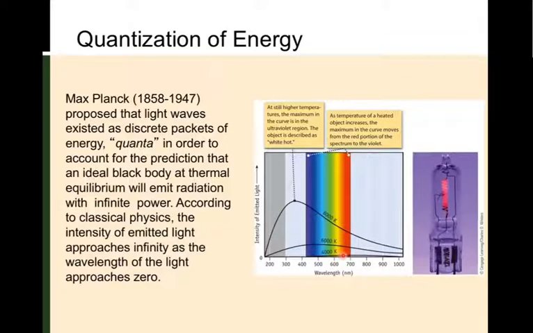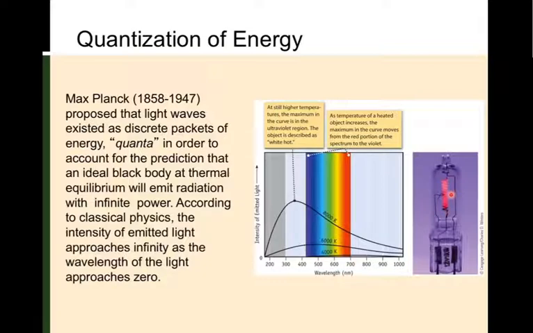So as the object is heated, the temperature increases, and the maximum of the curve moves towards the blue or ultraviolet region of the spectrum from the red portion. So you can see that there's a red part here, and then there's a darker part, and then there's a kind of white part here. So what happens is that eventually the object becomes white hot.